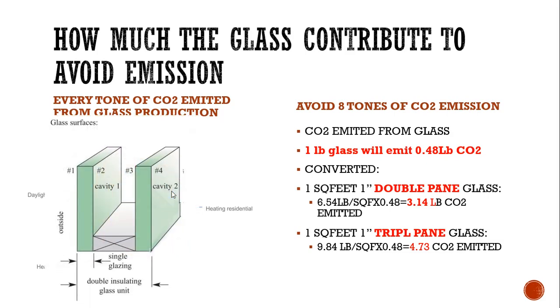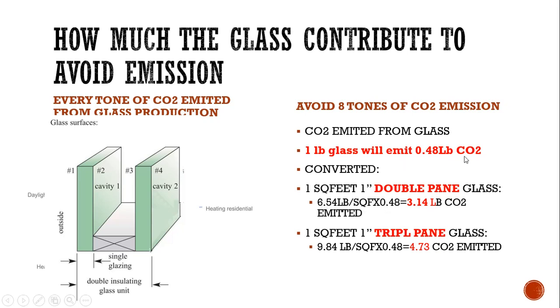So for 1 pound of glass, we're going to emit 0.48 pounds of carbon dioxide. We can convert it to per 1 square foot of double pane, because 1 square foot of double pane glass is 6.54 pounds.